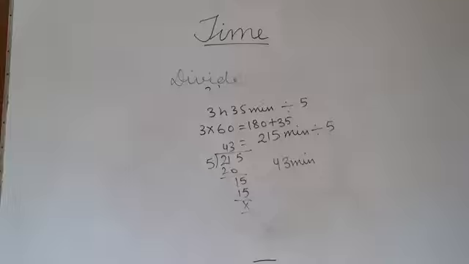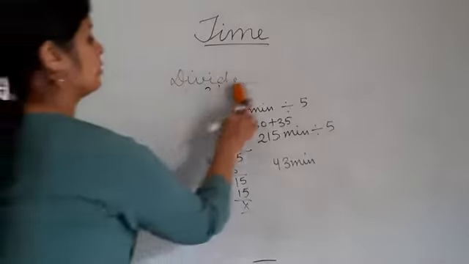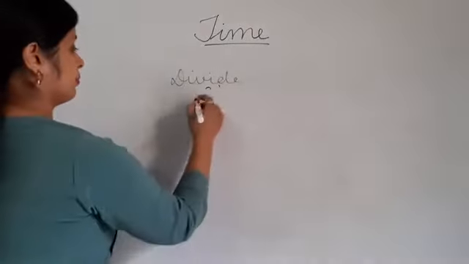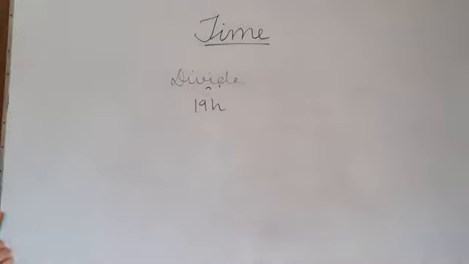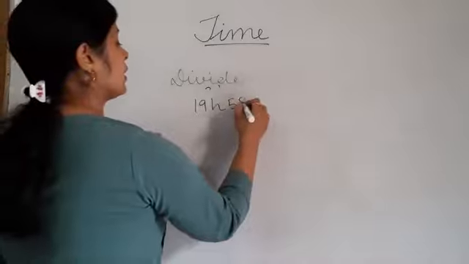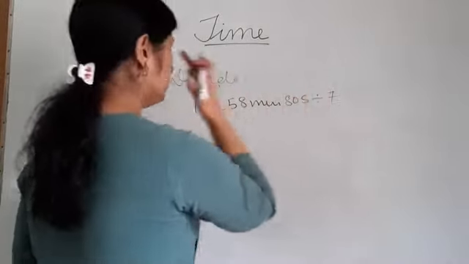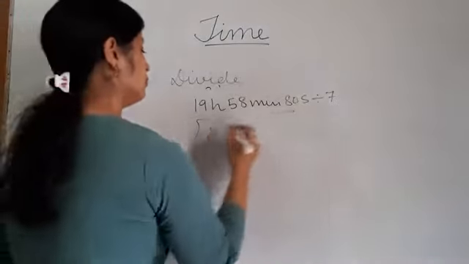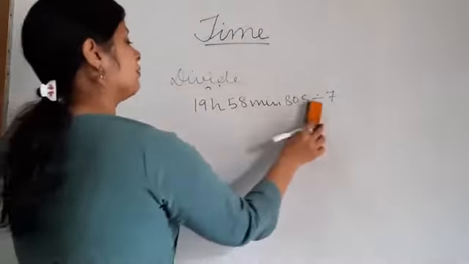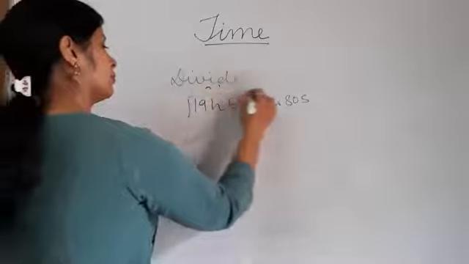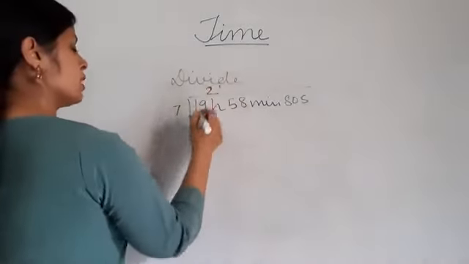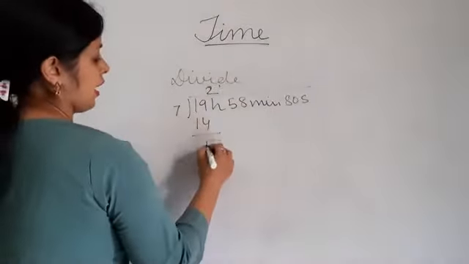Suppose we have to divide 19 hours 58 minutes 80 seconds by 7. So what I will do, I'll divide it by 7. 7 2s are 14, remainder 5.